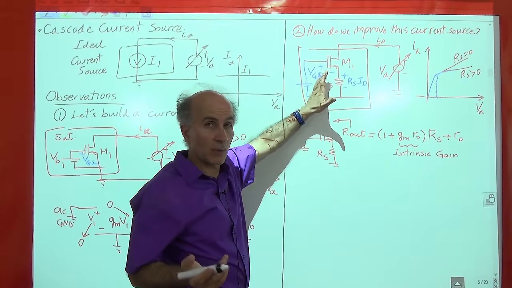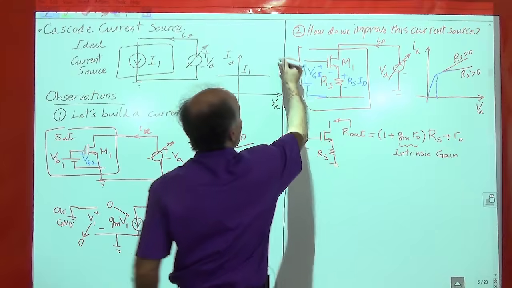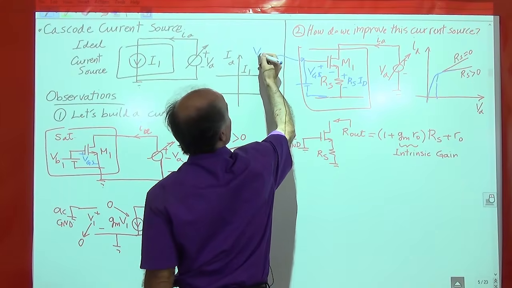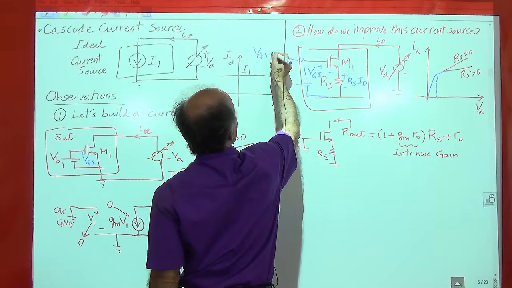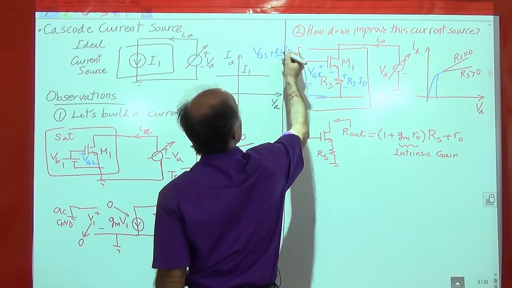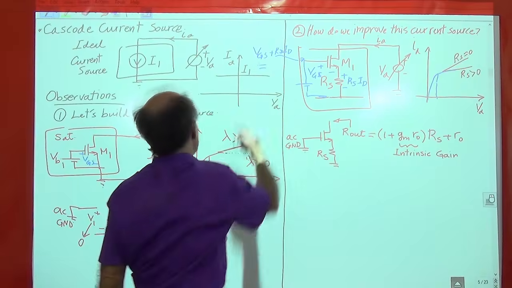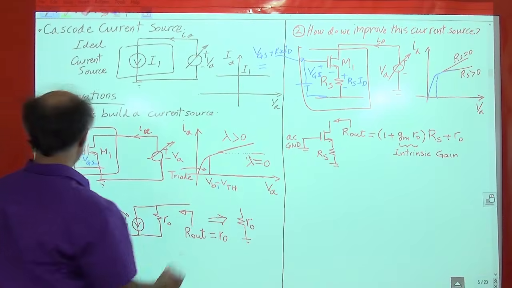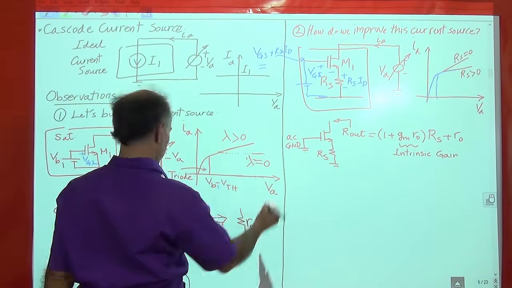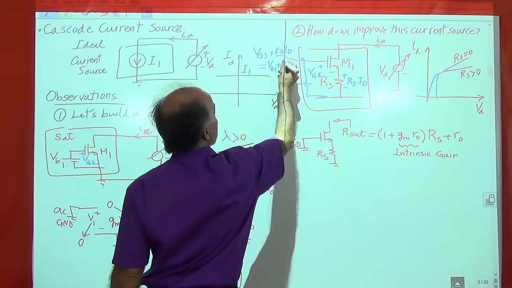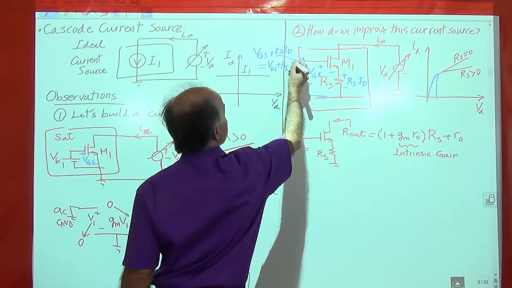That's given. There's no way around it. Okay, so this voltage with respect to ground is VGS plus RS ID. And remember VGS, previously we called it VB1. Sorry, this should be VB1. So we will call this VB1. So that's VB1 plus RS ID.